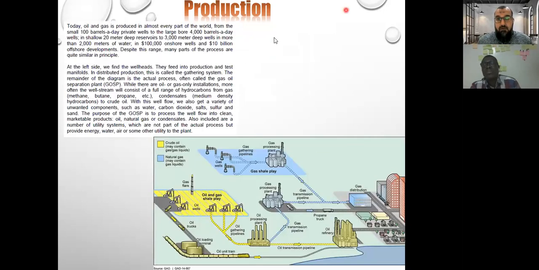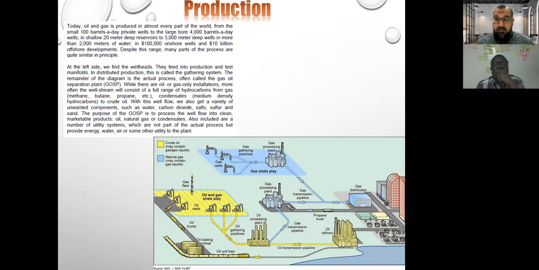So for the next slide, we will speak in a little more detail about production. As I mentioned, there is something called gas oil separation, which means GOSP. It is very common in production in the upstream area. In the upstream field, you will find a lot of the terminology GOSP.